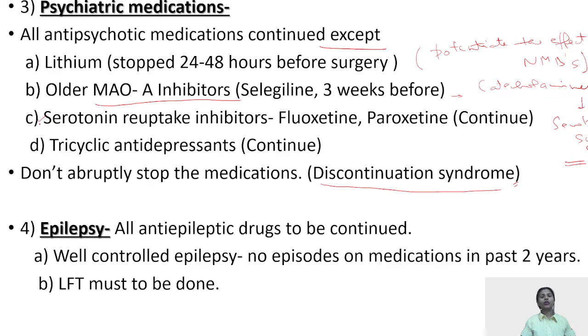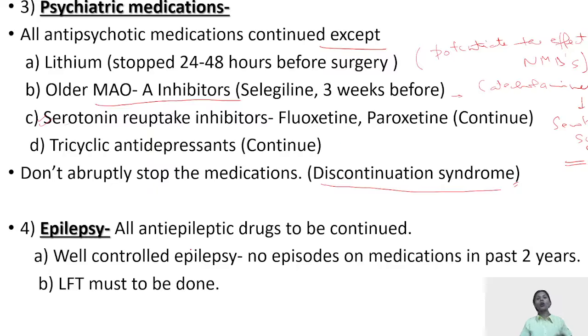Then the newly introduced serotonin reuptake inhibitors all have to be continued. Your tricyclic antidepressants have to be continued. So there are only two drugs in psychotics which have to be stopped: one is lithium and the other is old MAO-A inhibitors.